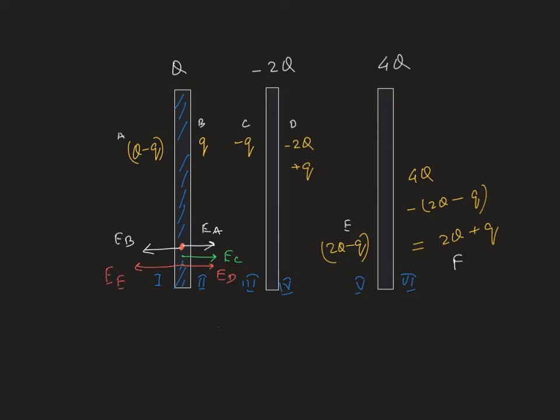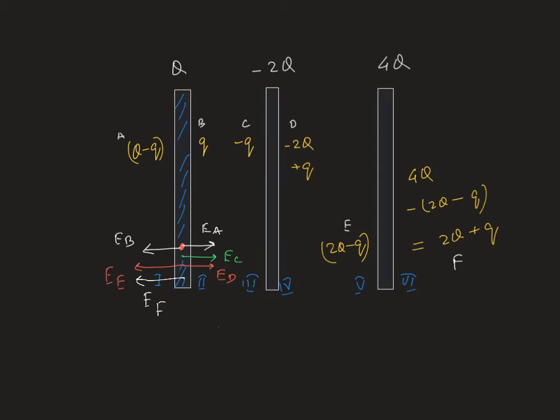Don't get confused, the first E is the field and the second E is the name of the charge. And finally, the final charge, we are assuming this one to be positive. So this EF is definitely going to be away, like this, EF.